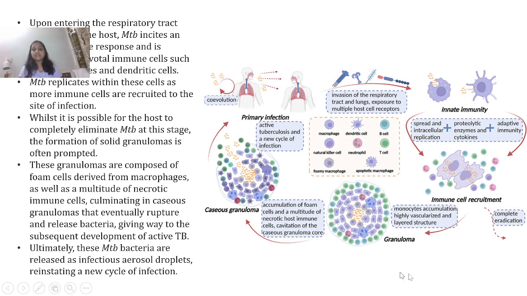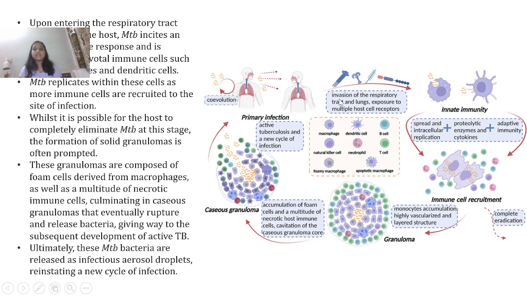Here you can see it is forming a granuloma. Granuloma means a structure where all the immune cells are present, and the TB is residing in those cells. So whenever there is a break of this granuloma, the infection can go and infect other people.